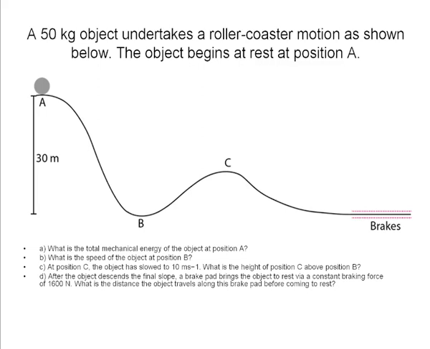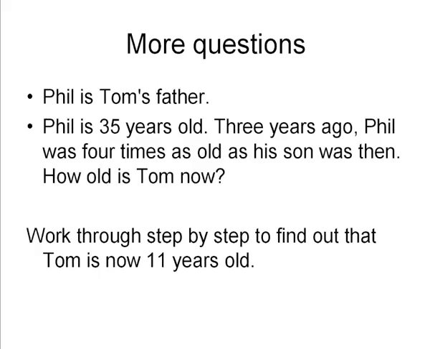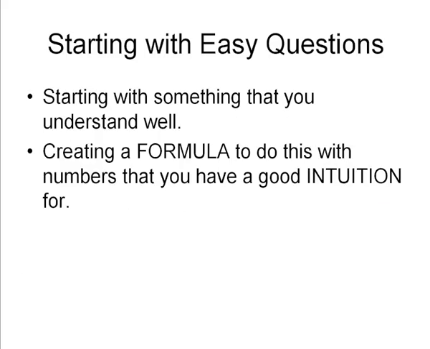That's a difficult question, but the idea is similar to previous questions. You're taking information from the outside world and combining it step by step, possibly using formulas, to figure out new information. So let's start out with something that you can understand well.